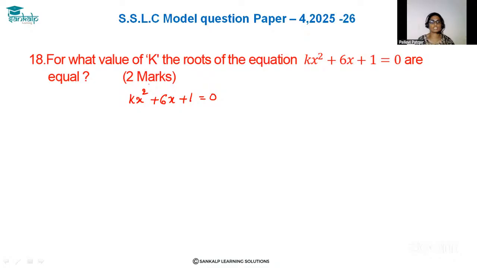Compare this equation with the standard form ax square plus bx plus c is equal to 0. So here we have a is equal to k, b is equal to 6, c is equal to 1.